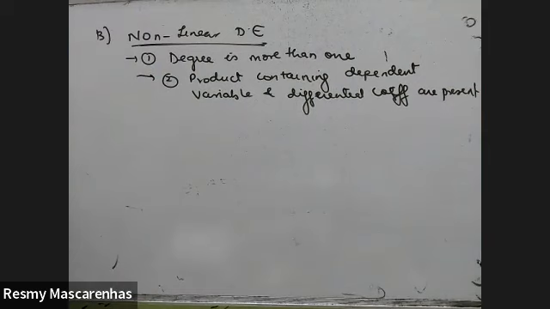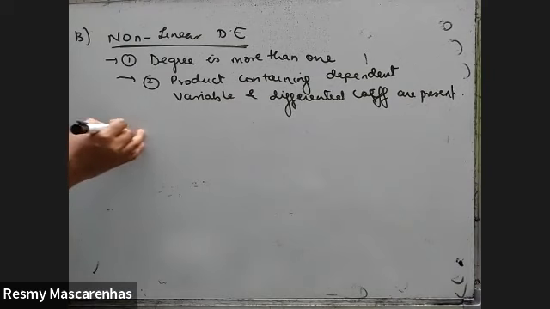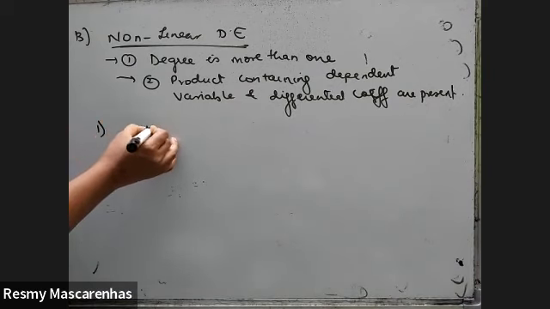I'll give you example and then explain this point. First example, I want to check whether this is linear or non-linear type.